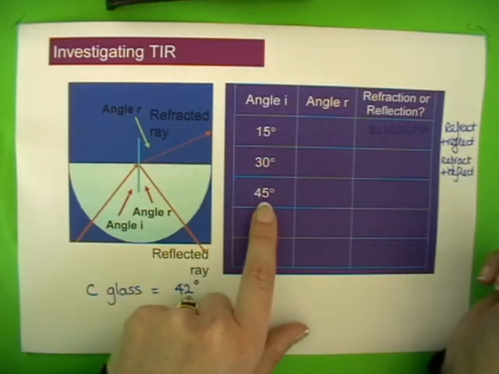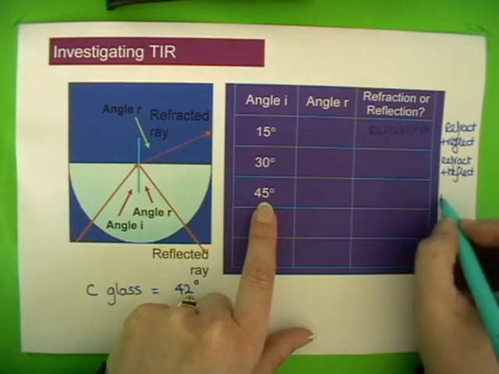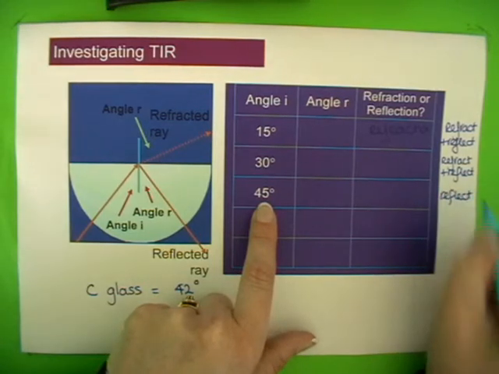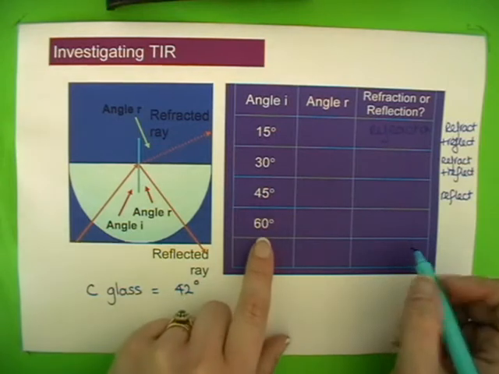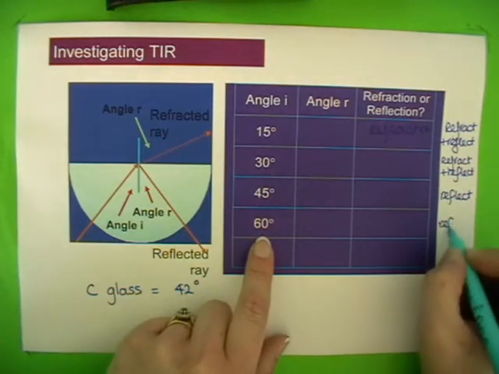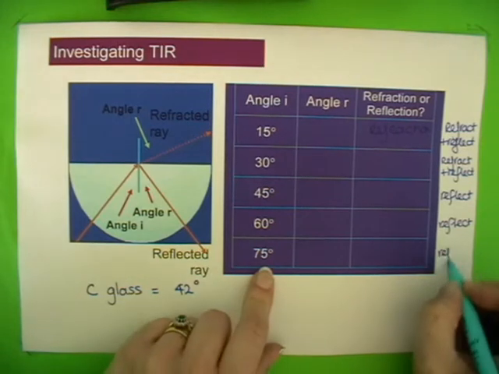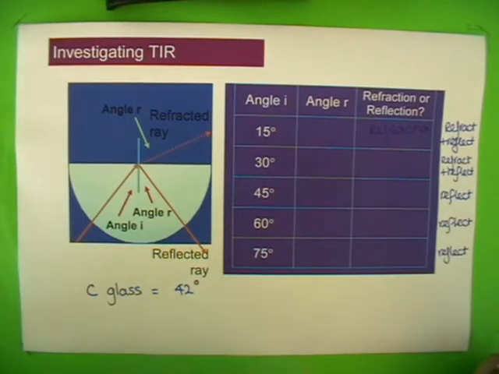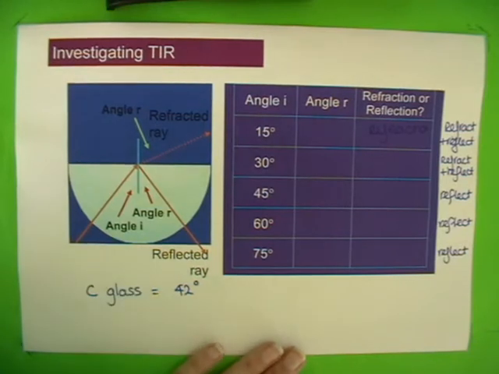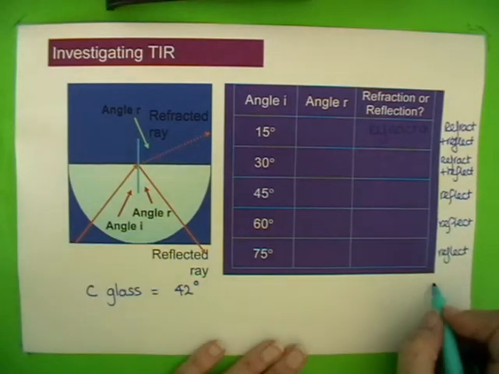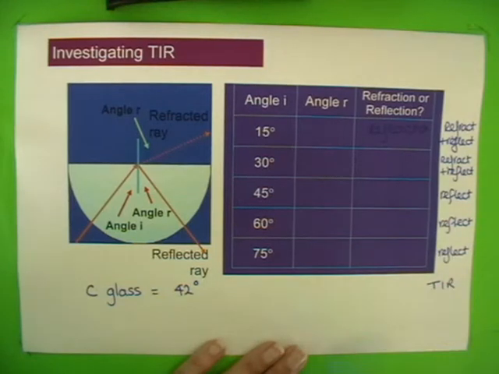If the angle of incidence is 45 degrees, now it's greater than the critical angle, so we have reflection. At 60 degrees, we have total internal reflection. And at 75 degrees, we also have total internal reflection. So whenever we increase the angle I above 42 degrees, we have total internal reflection. This is sometimes called TIR.